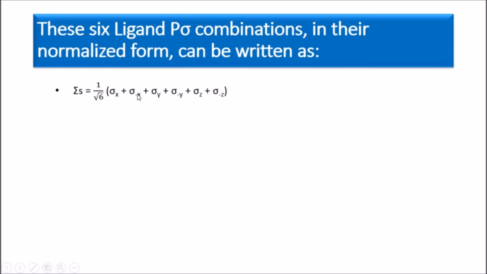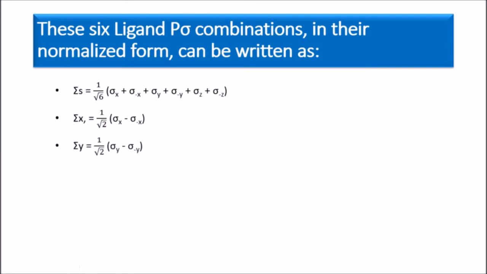It will not represent plus or minus as a mathematical value. It represents that the lobes are on this side of the x orbital, and this one is on the opposite side of the x orbital, and the same way in y and z. So this is the normalized wave function associated with the interaction of the p sigma orbital with the 4s orbital of the central metal ion.